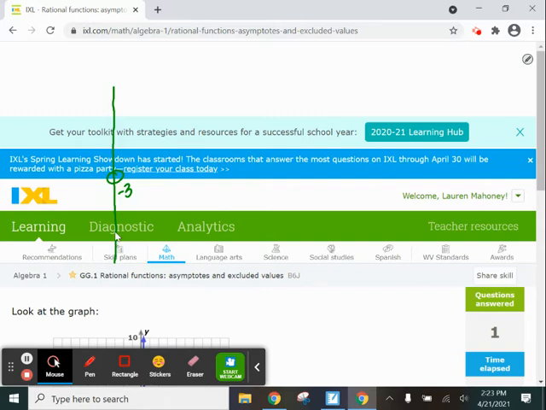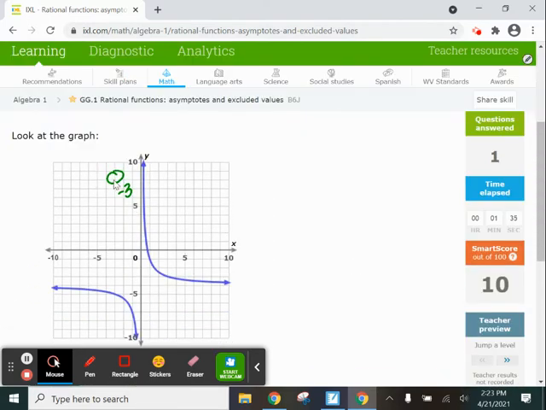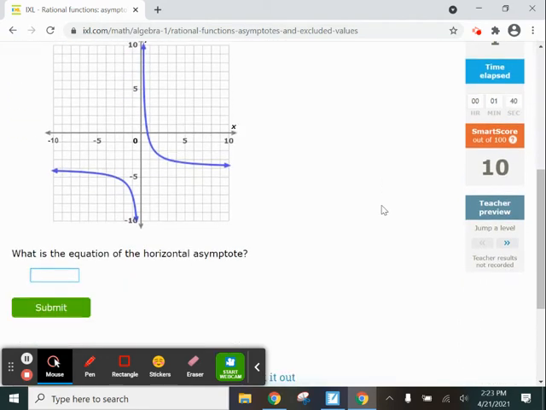So let's get rid of this drawing, and then we can see our next one. This one is saying, what is the equation of the horizontal asymptote? Well, horizontally, you can see this is coming up to this line. This is coming up to that line.